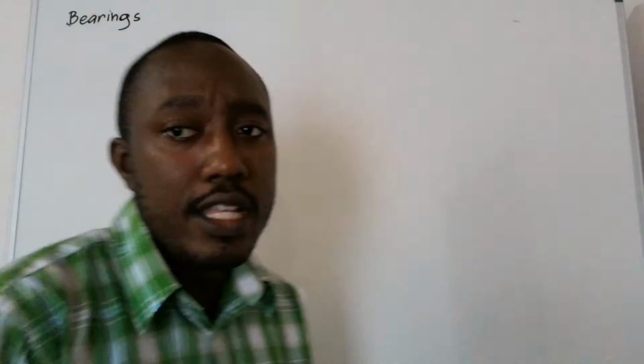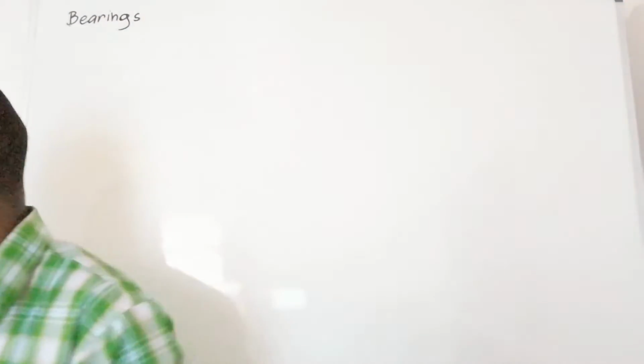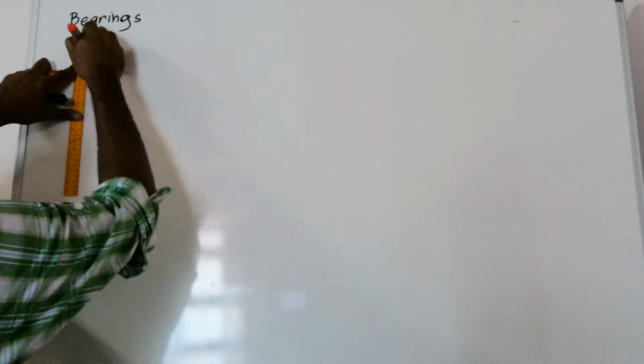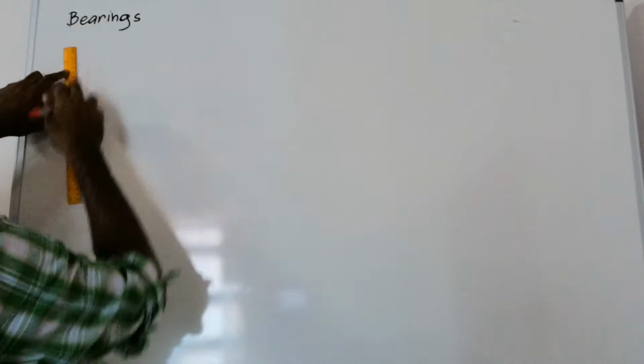Whenever we're doing bearings, remember the first thing we need to do is to draw our north line. So let's draw our north line. North. All right, our north line.